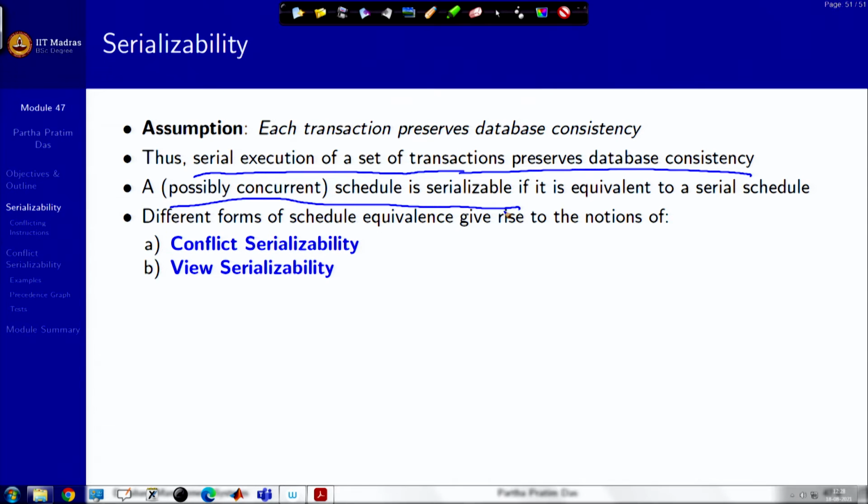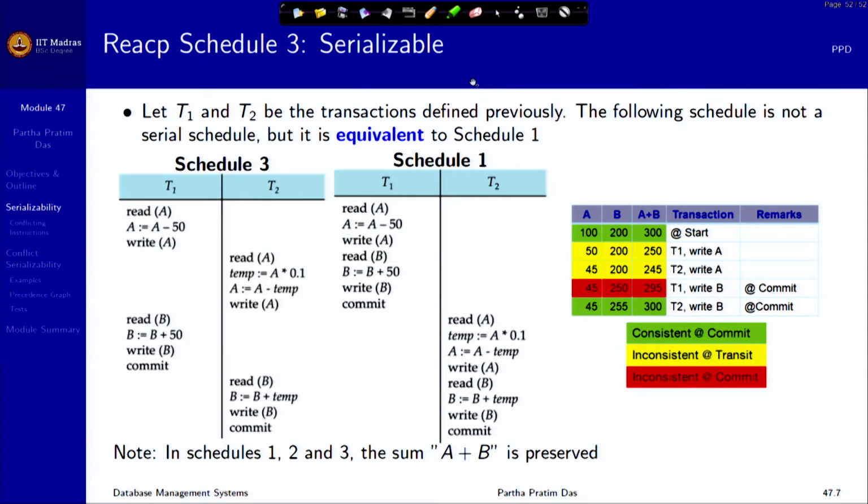If it produces exactly the same data values as some serial schedule, then the concurrent schedule is called serializable. There are two notions of serializability, one is conflict serializability and the other is view serializability.